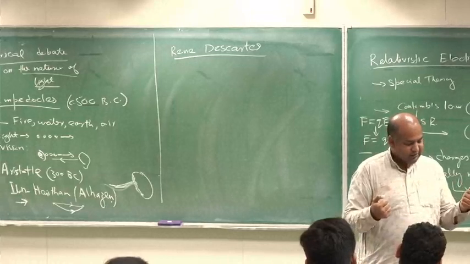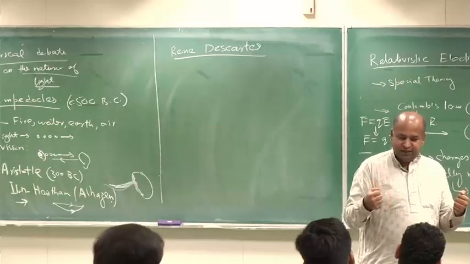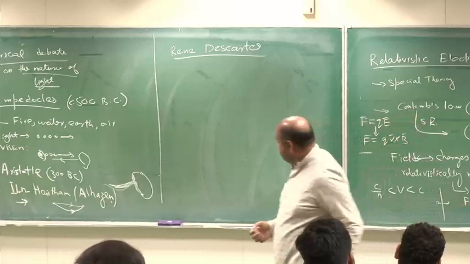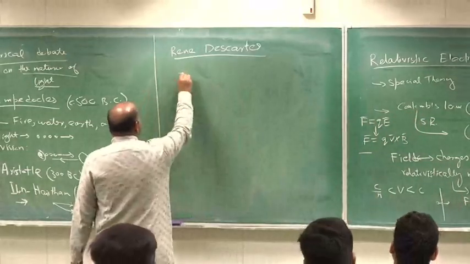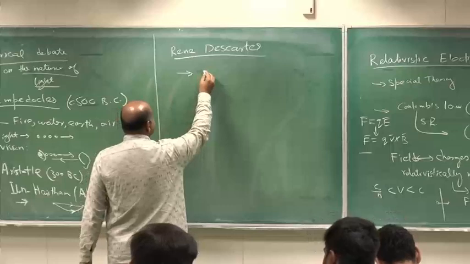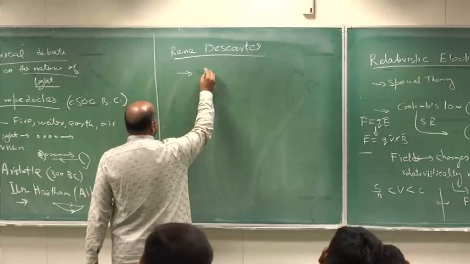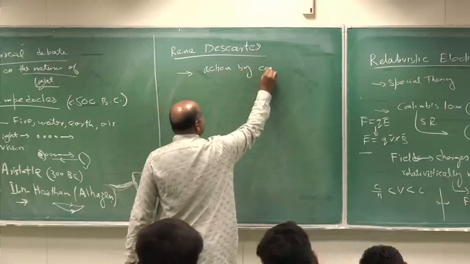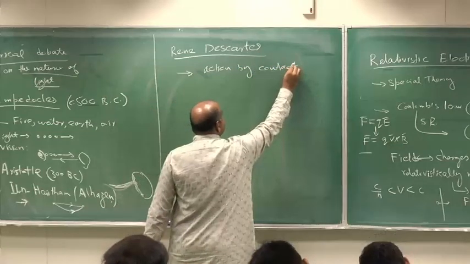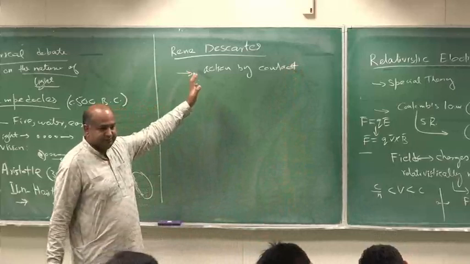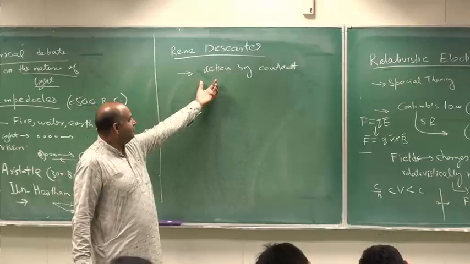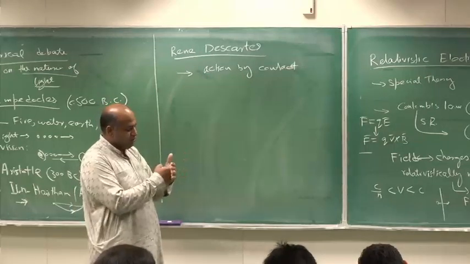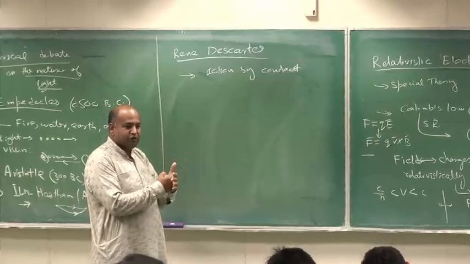If there is nothing in between, this cannot influence that, no matter what. So he was basically a believer of action by contact, or no action at a distance, because to him that cannot be proved. We can easily prove that if two things are in contact, one exerts force, there would be action on the other.